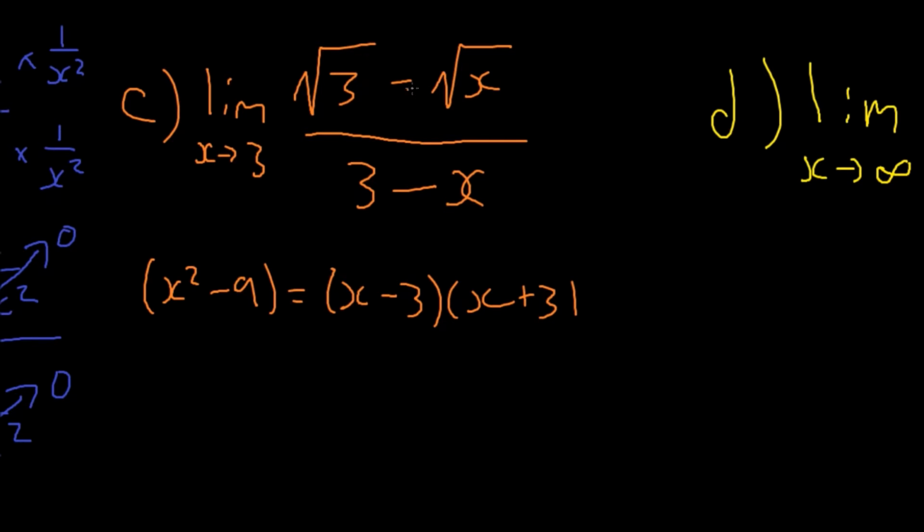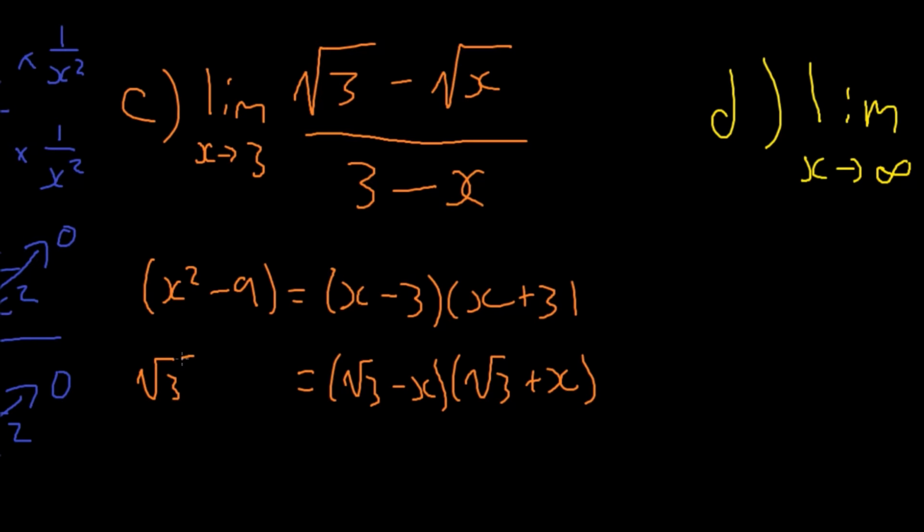So if we took root 3 minus x and multiplied it by root 3 plus x, using the same sort of reasoning here, matching up each of the terms, we're going to get root 3 squared minus, oh, I forgot the root x there, minus root x squared.